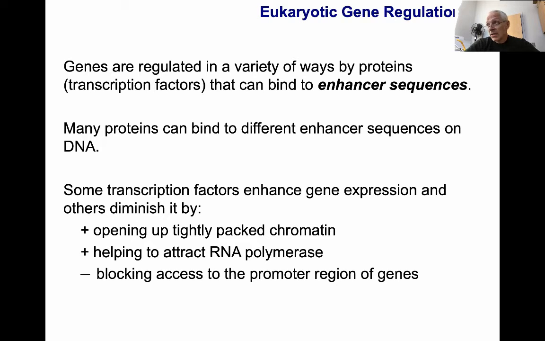By controlling this expression of genes, which usually means making a protein or not, and how much of the protein, controlling the expression of genes in this way is the way organisms control the development of specialized cells and tissues and organs, and it's the way organisms adjust to their environment and to the changing conditions that they're exposed to so that they can survive in a very dynamic and ever-changing world.